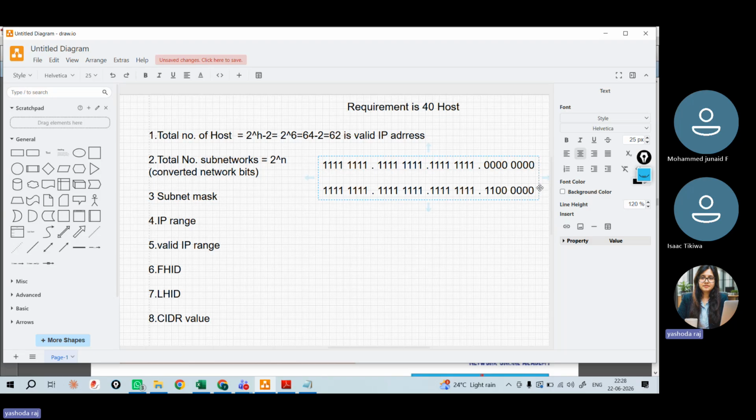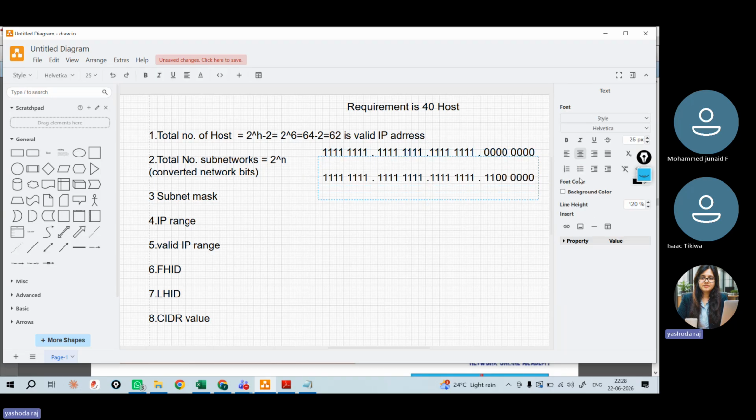Now, if I do it like this, what is my subnet mask? Here my subnet mask is 255.255.255.192.